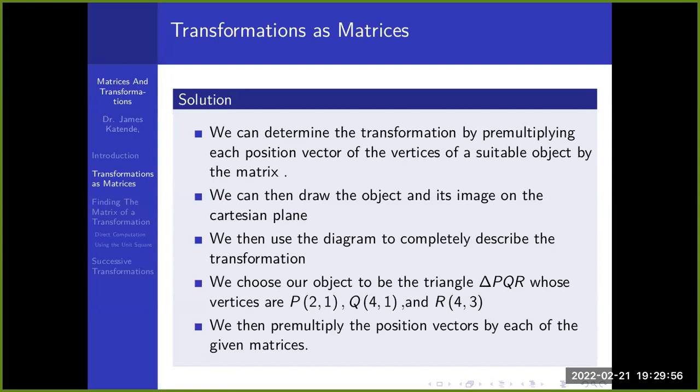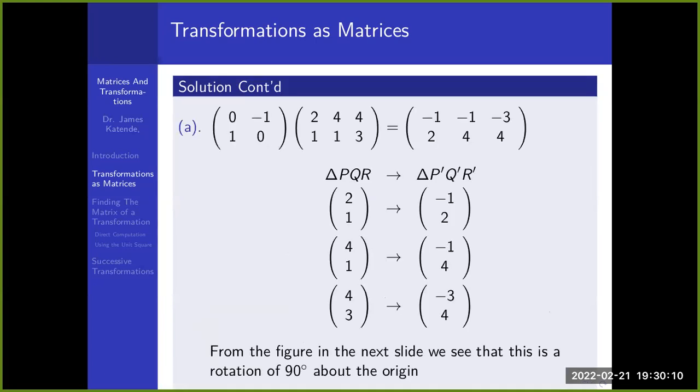You can write out all these points as vectors in a matrix. So you'll end up with a 2 by 3 matrix, and then you multiply it with your transformation matrix. That's what we have done here. The first one, we put all the 3 points for the object, and then we multiply by the transformation matrix, and we get the points for the images on this side.